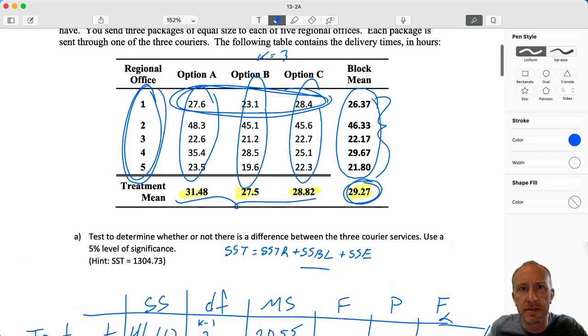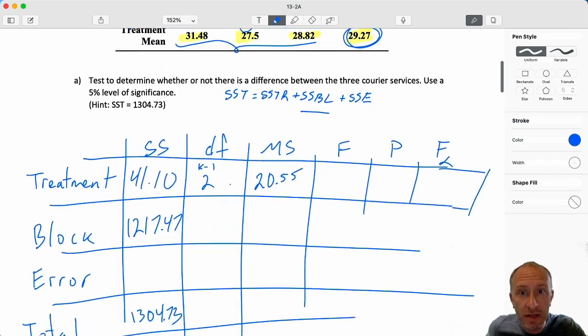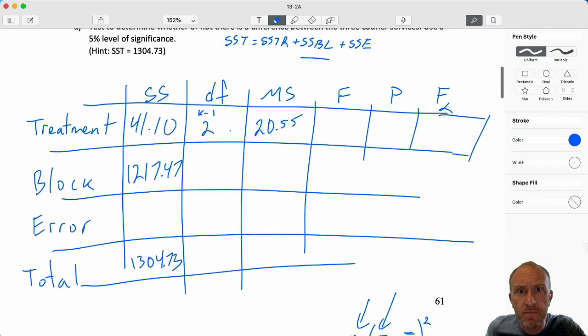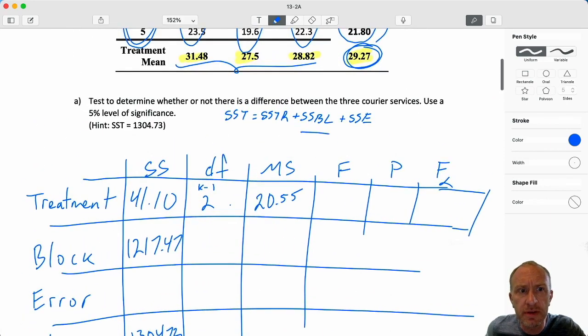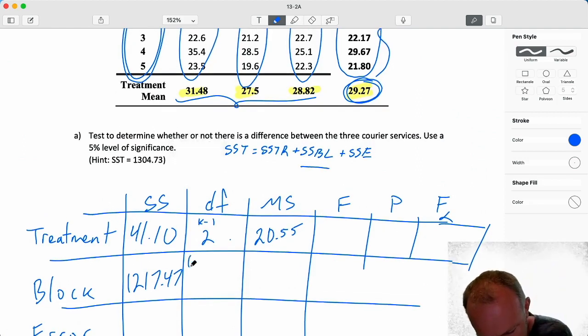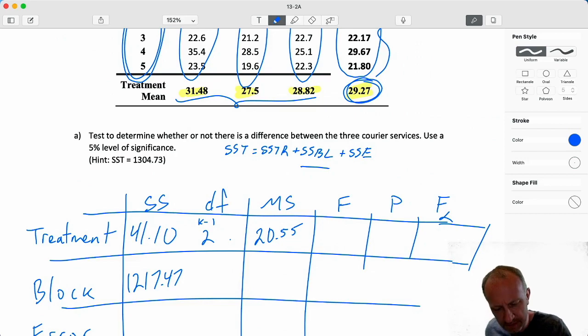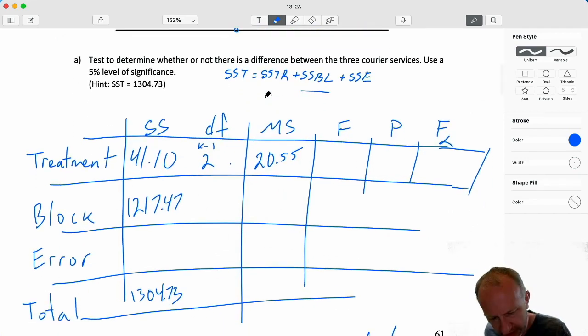Okay, good. Now, our degrees of freedom for blocks, this one's a little bit different, but it's, again, nothing too complicated. This is going to be k, no, what am I thinking? This is just simply b minus 1. I just forgot for a split second.